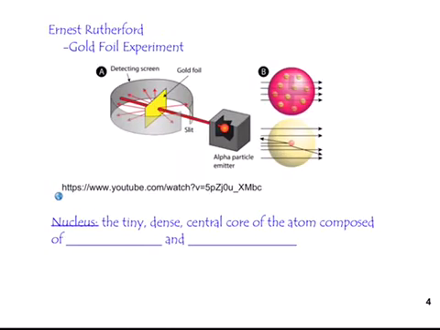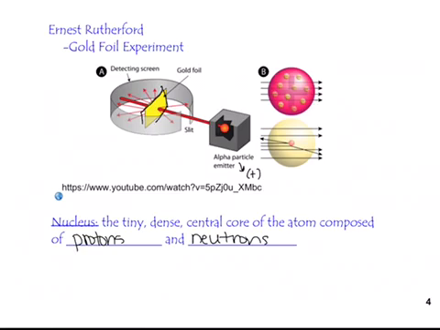Ernest Rutherford did a gold foil experiment, and what he's credited with is finding the nucleus. This is the tiny dense central core of the atom, and in it are protons and neutrons. And what he did was he shot alpha particles, and the thing about alpha particles is that they're positively charged, through a screen of gold foil.